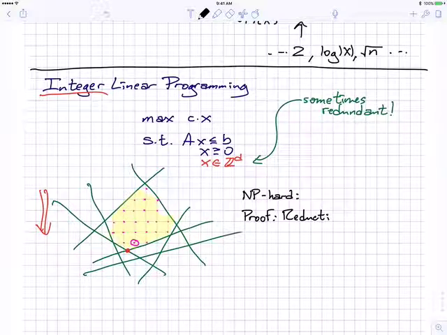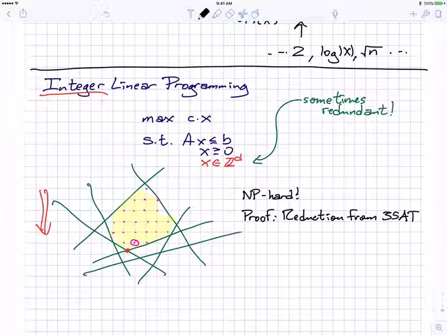Reduction from what? This doesn't look like any of the problems that we've seen before, and so what should we try? 3-SAT. Good. Okay, so I'm given a formula which consists of clauses ANDed together.